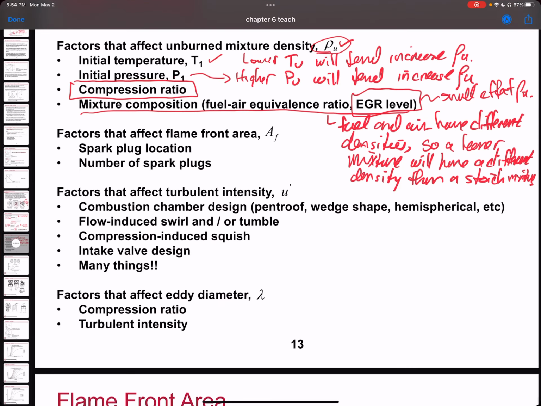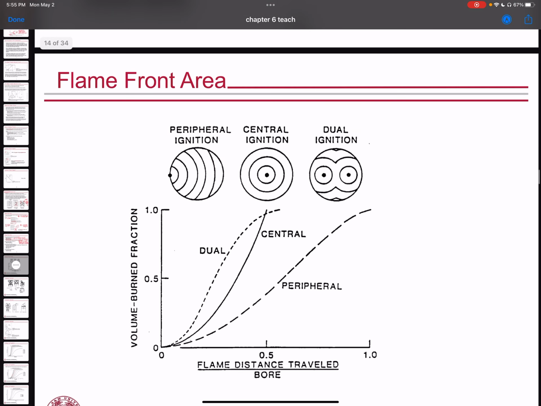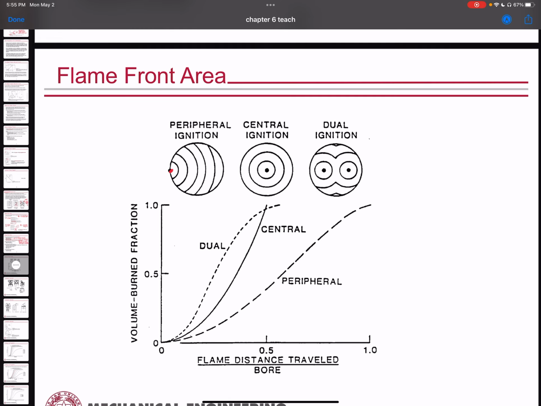And so you can kind of see what the effect is on how quickly we're able to burn a fuel air mixture, where we have, for example, a side-mounted spark plug. That would be the peripheral ignition. We can have a central ignition, which would be the center-mounted spark plug, or we could have dual ignition, where we have two different spark plugs, right?